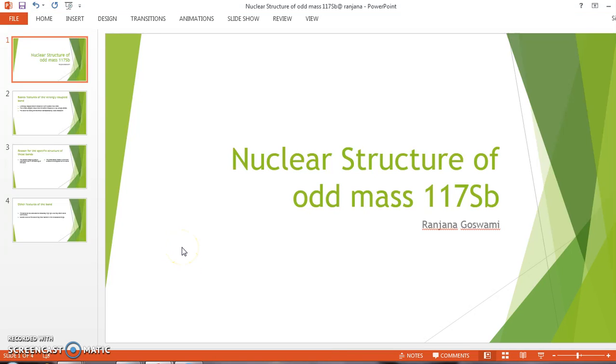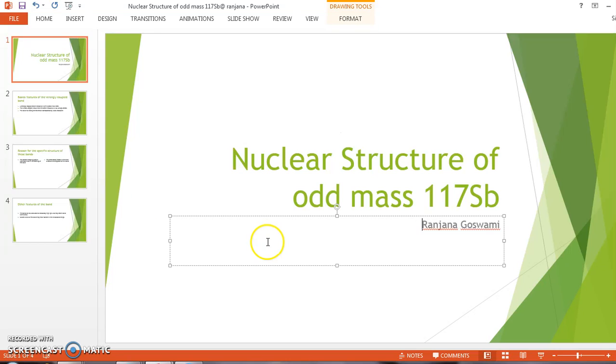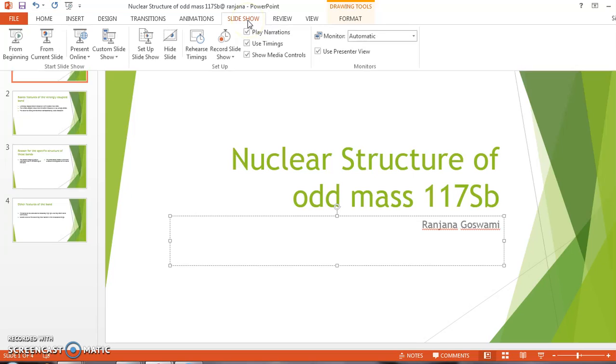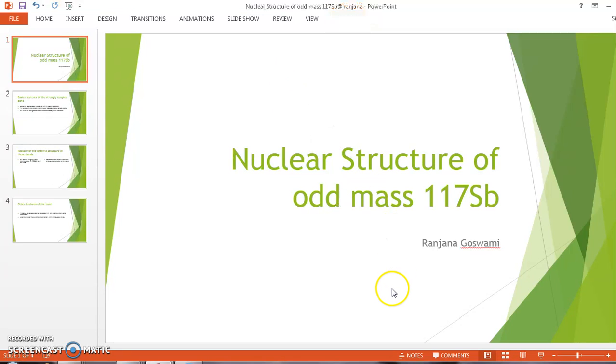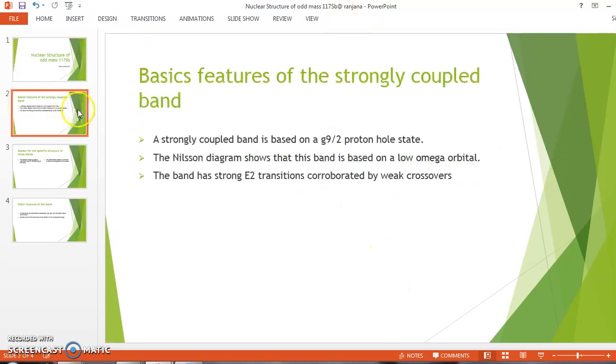Now, going into this, as we go to the next slide, we would see that there are some basic features of the band structure of the protons and neutrons that lie within the nuclei.